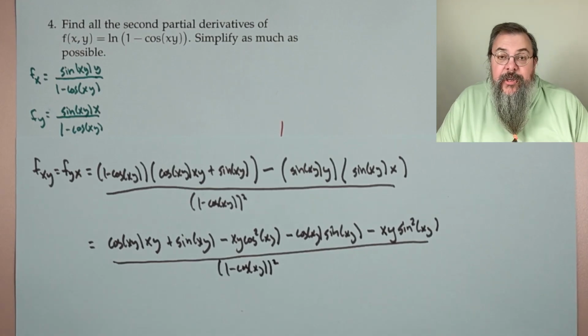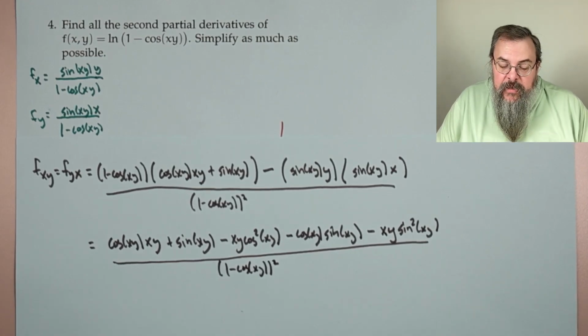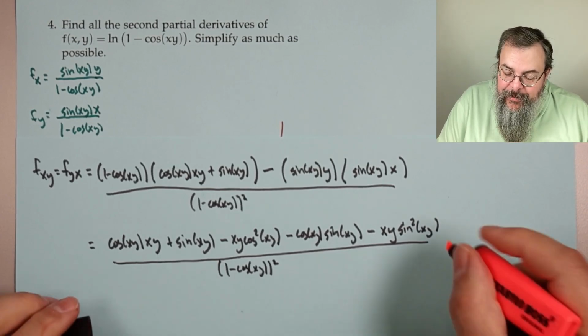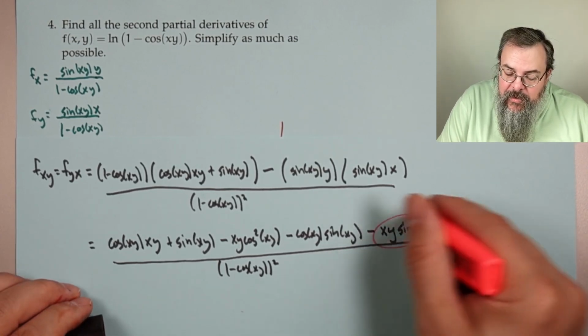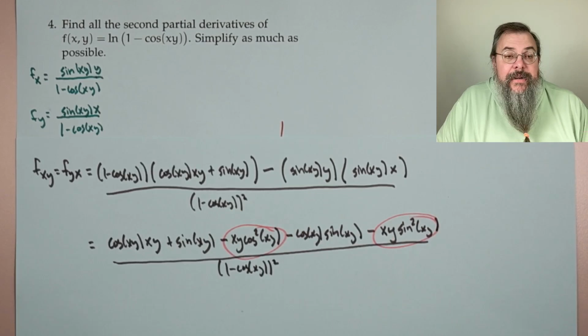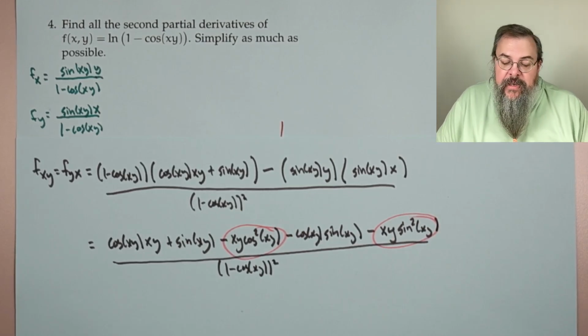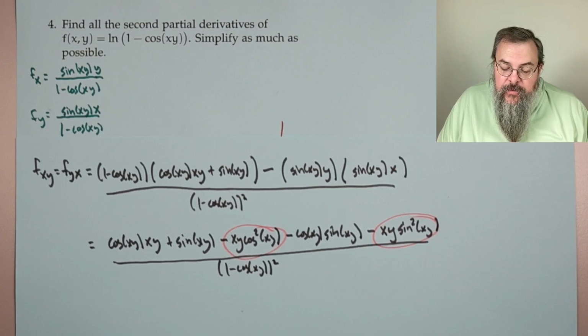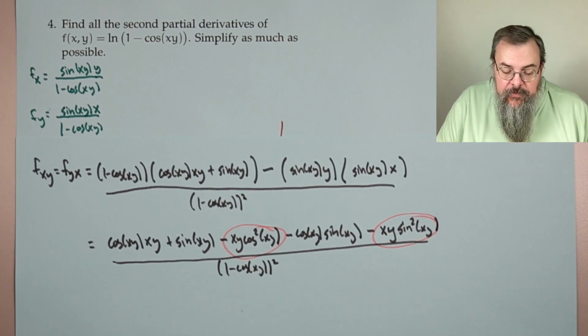Now, does anything simplify? Oh, it would be nice if that were true. Well, it is, because those terms combine. We have a sine squared and a cosine squared. And so we put them together. Say, all right, well, what would they combine to give us?